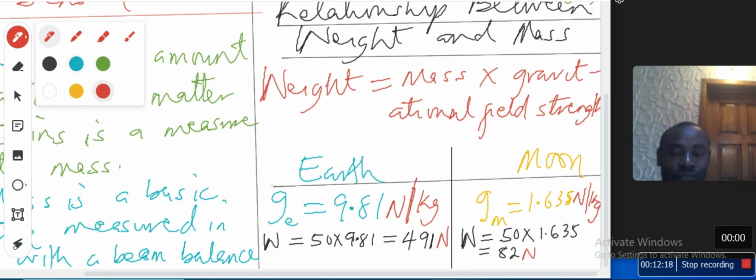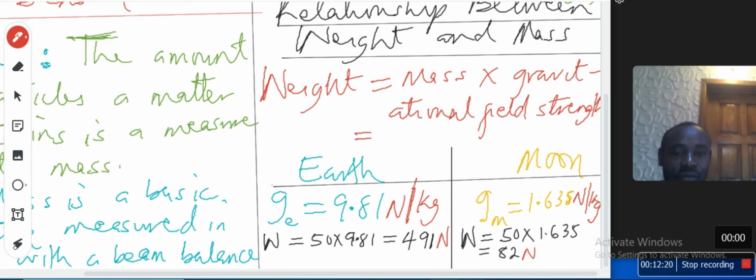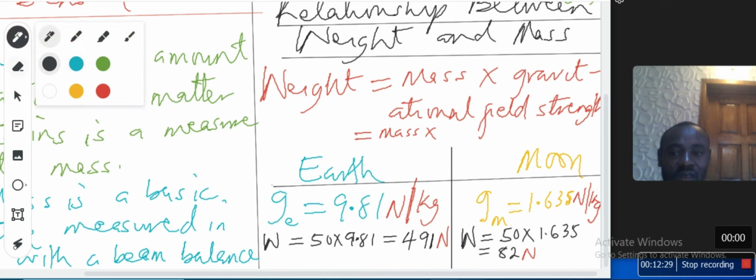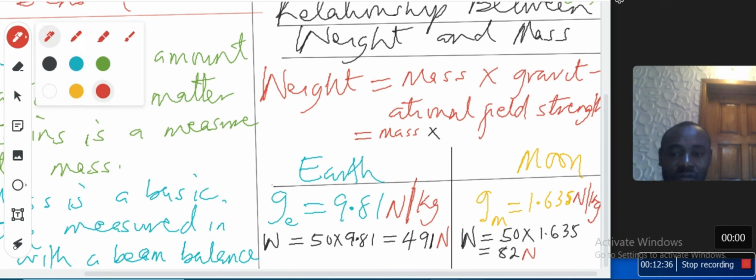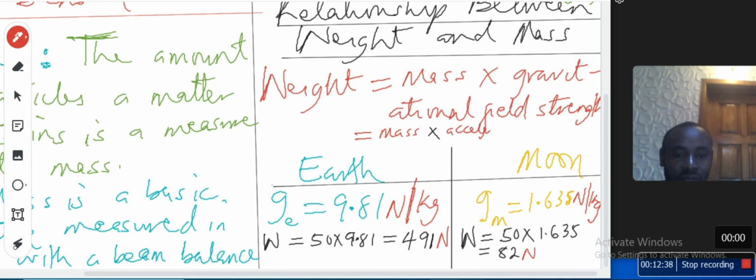All right. Please concentrate. It's also acceleration due to gravity. Mass times acceleration due to gravity is the same thing. g is also called acceleration due to gravity, okay? So mass times acceleration due to gravity.